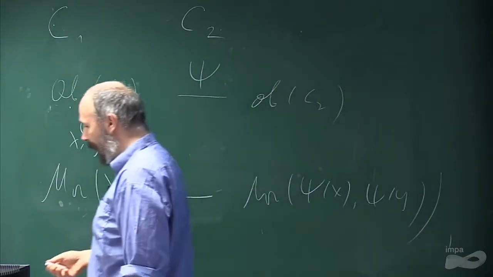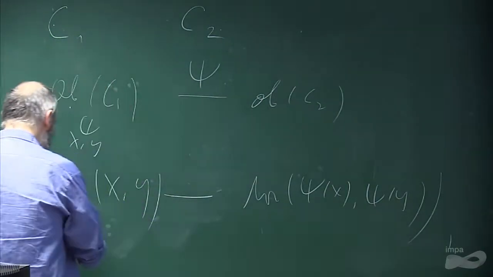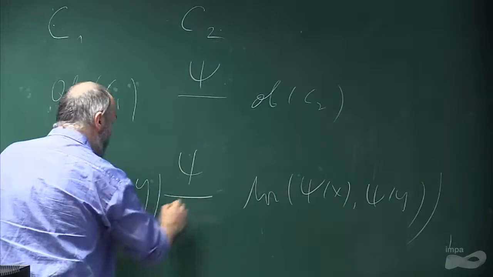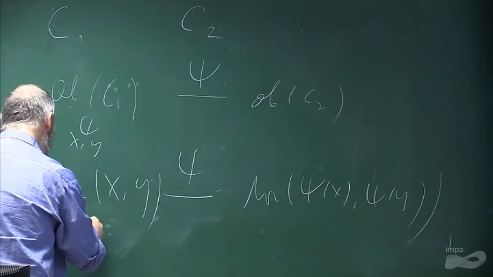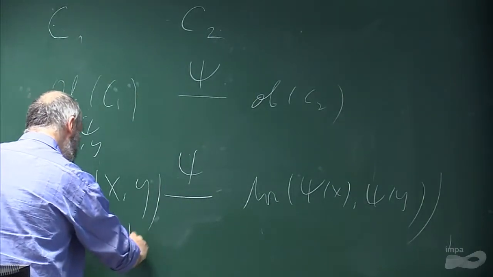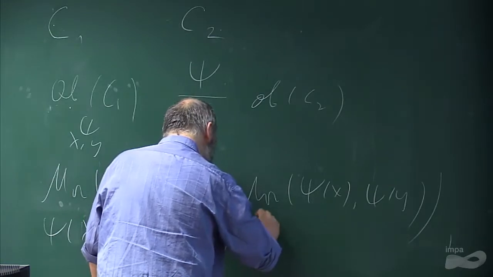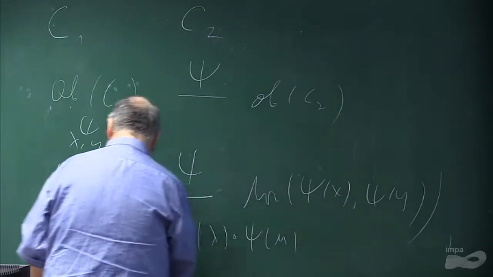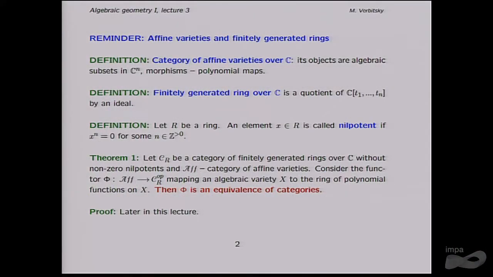This happens in such a way that all natural operations are preserved, like psi of phi of morphisms lambda times mu is psi of lambda times psi of mu, and psi of identity is identity.